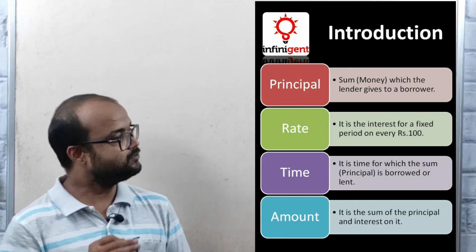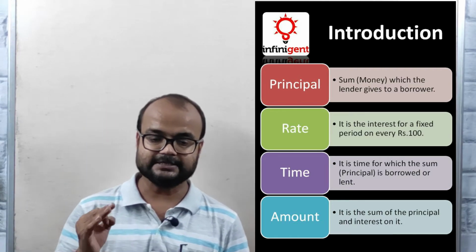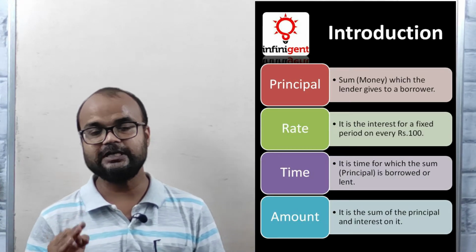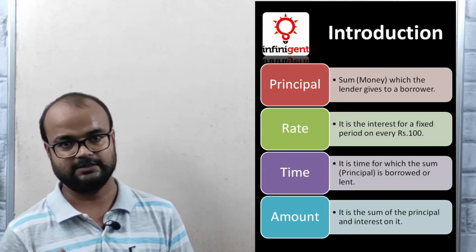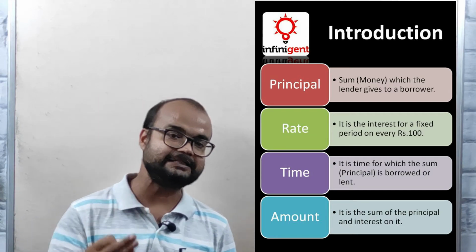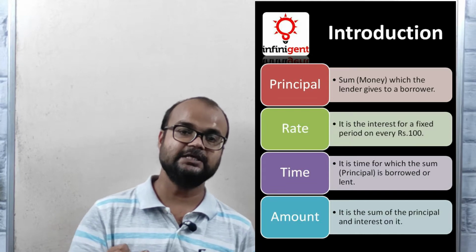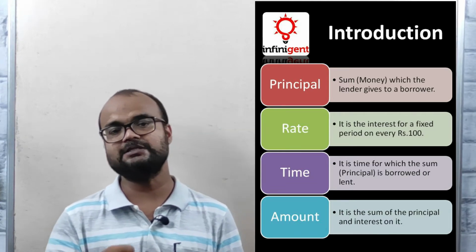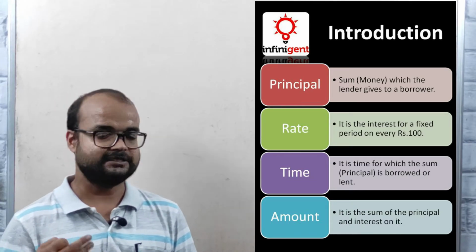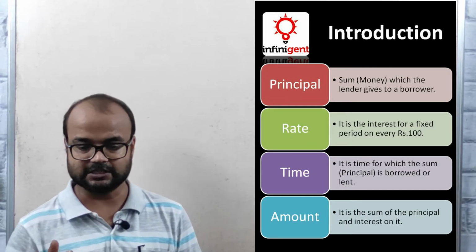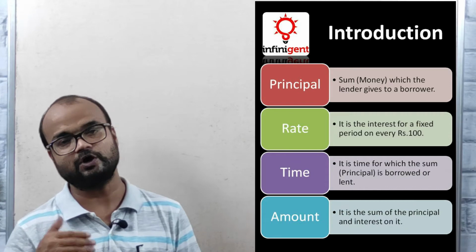The second one is the rate. Rate means the interest for a fixed period on every rupees 100. That means how much percent you are charging as interest or the bank is giving you as interest. Time is the time for which the sum or the principal is borrowed or lent.